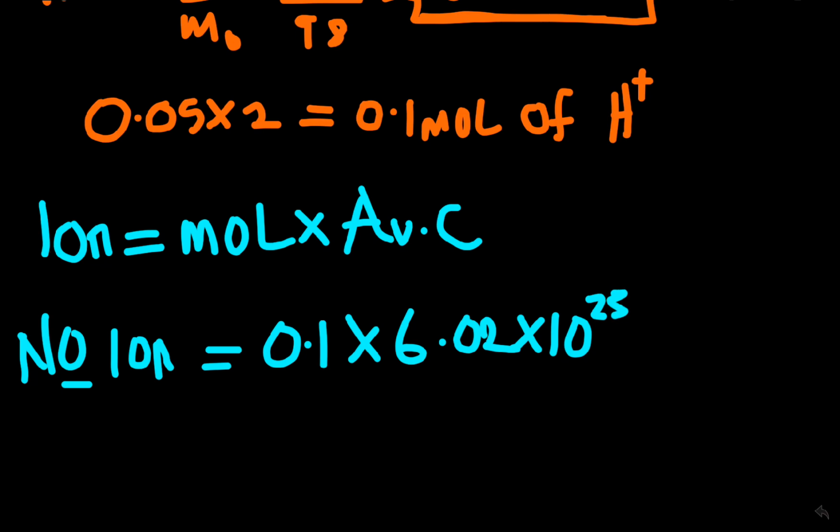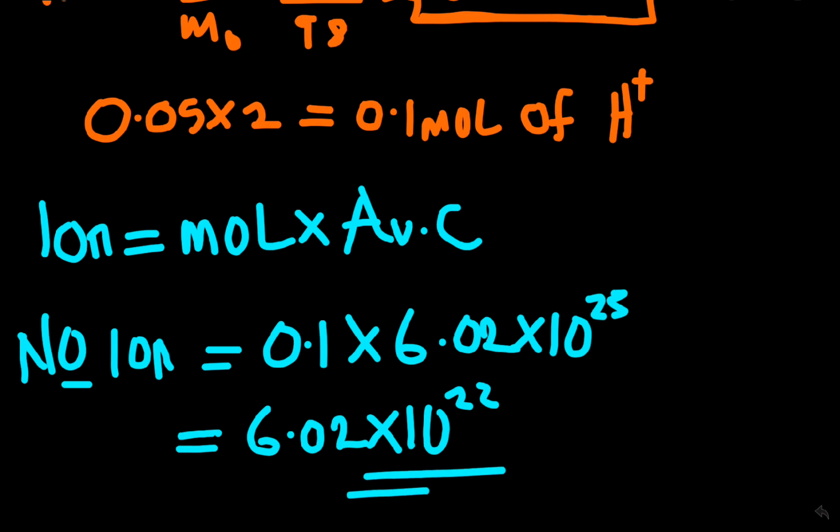So 0.1 times 6.02 exponential 23, and you get 6.02 times 10 to the power of 22, and this is your final answer.